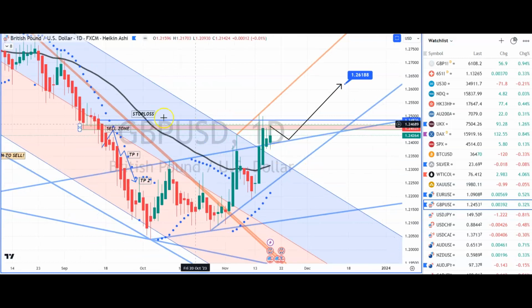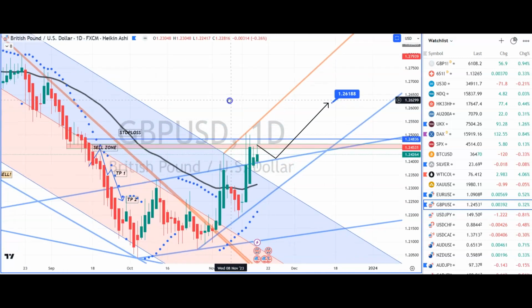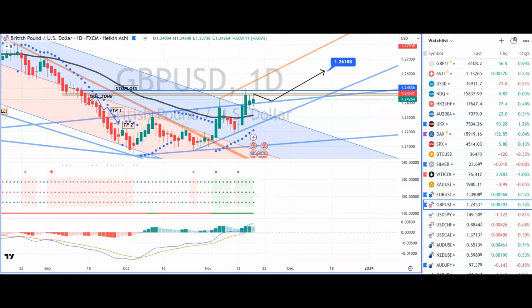So the pound USD, there is a bit of resistance here, isn't there, as you can see on this order block, but I think that the trend is going to continue. We do have all the buyers in, which is confirmed. The MACD is now above the 0 line, so that indicates further strength, so we have no doubt about that.